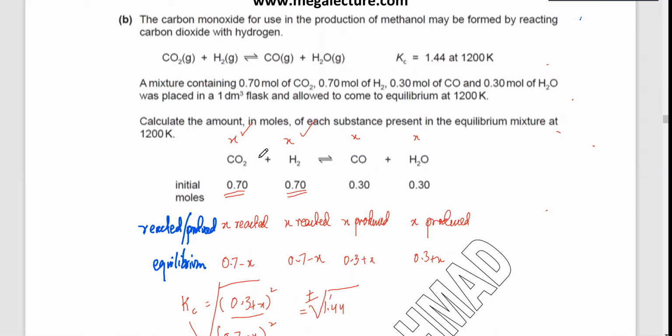Let's, for a second, assume that water was a solid in this equation. Then 0.3 plus x would not have been used. You would have taken the concentration of water as one. So remember this, that if you have any solid in the equation, its concentration is going to be taken as one. No matter how many moles it has, it doesn't matter. The concentration is going to be a constant.